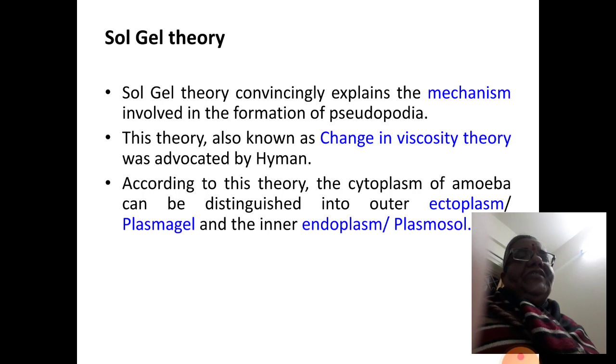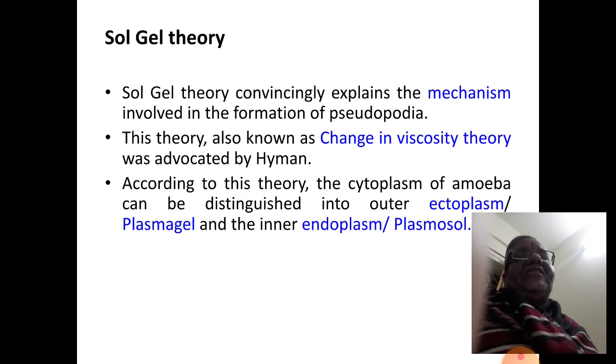And according to this theory, the cytoplasm of amoeba can be distinguished into two zones, outer ectoplasm and an inner endoplasm. I think this you already know, but outer ectoplasm is also called plasma gel and inner endoplasm is also called plasmosol.